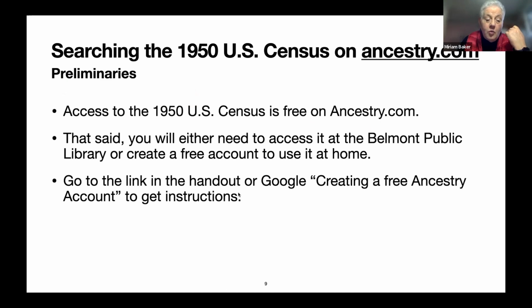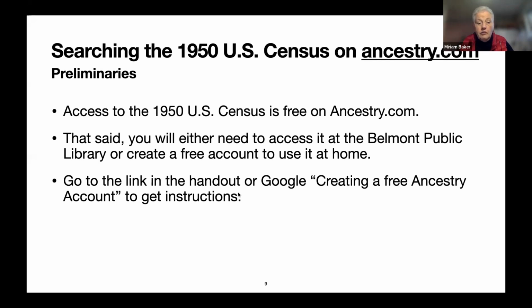There's a link in the website about creating a free account on Ancestry, and you'll be able to follow the instructions there. Let me just say, this free account is different than the free 2-week trial.